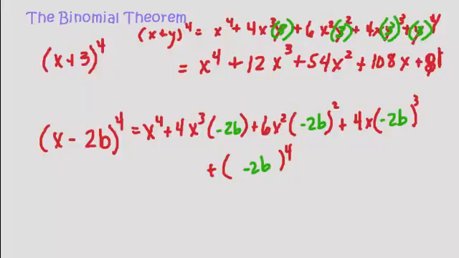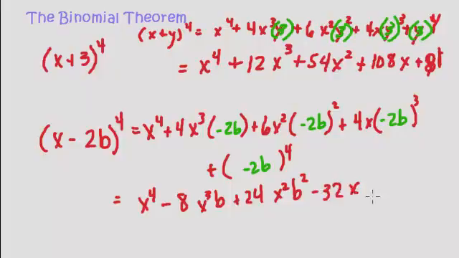I'll go ahead and do one for you. Alright, multiplying this out, it's going to be minus 8x cubed b. That's going to be 6 times negative 2 times negative 2 is 4, so that's going to be plus 24x squared b squared. Then I'm going to have negative 2 to the third is negative 8 times my 4 is minus 32x.